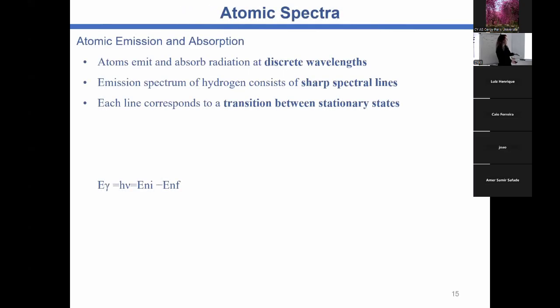For example, here I just quickly give this equation. But in terms of atomic spectra, each line that you see in atomic spectra will be related to a transition between stationary states.